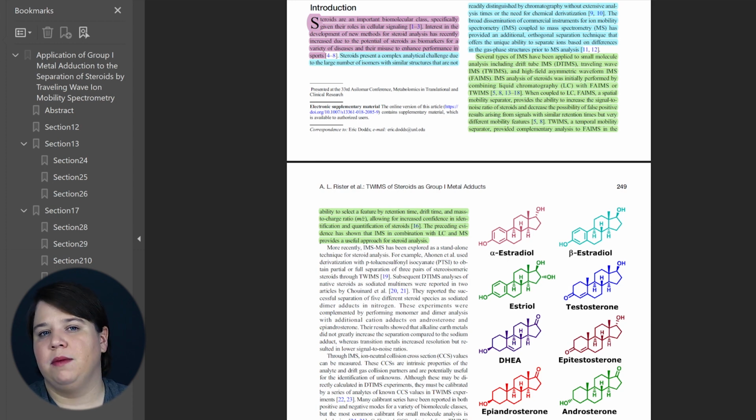So that's why I'm talking about the importance of steroids, but I don't actually give a really long history because my readers aren't going to care as much about steroids specifically. They're going to care more about the analytical challenges that I'm talking about. So you can see here, this is my background information about ion mobility. So I'm talking to them about different types of ion mobility and what ion mobility does.